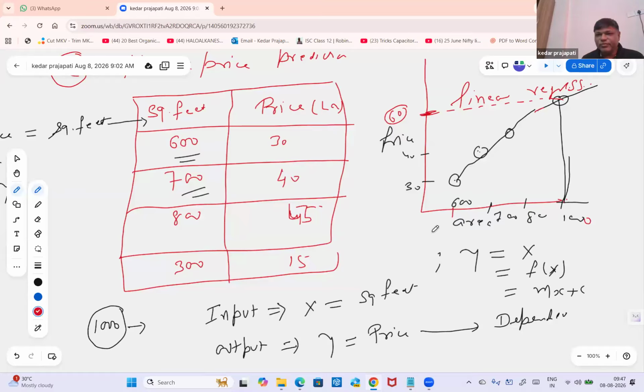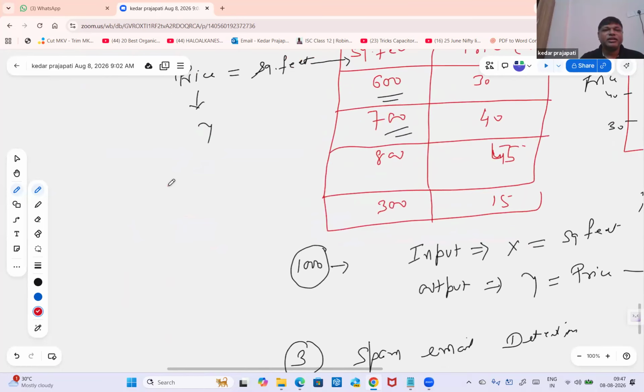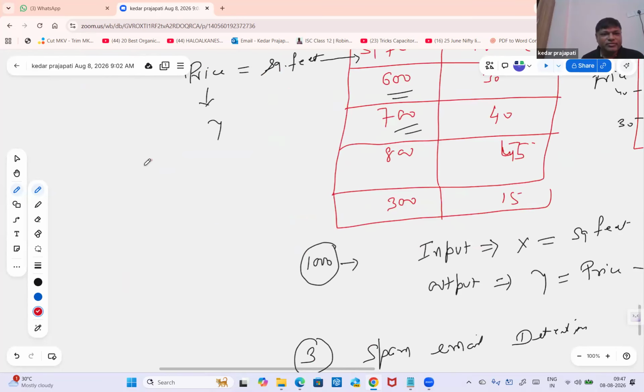So basically, price is dependent on square feet, the area of the house. It is very important that you understand this concept. Price is the dependent variable. A dependent variable is a variable which can be automatically calculated based on the independent variable.